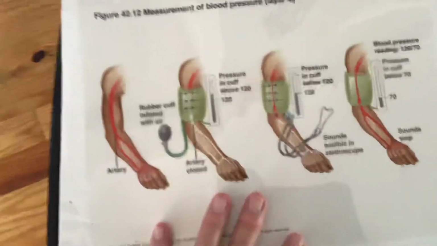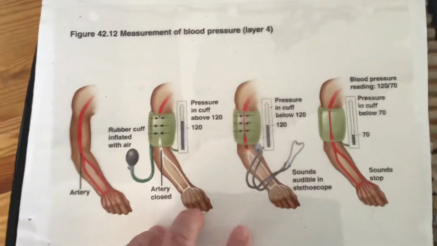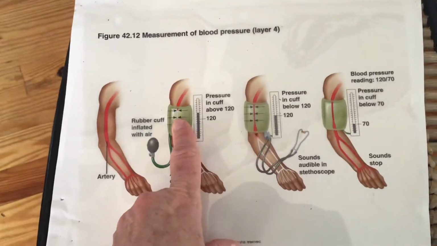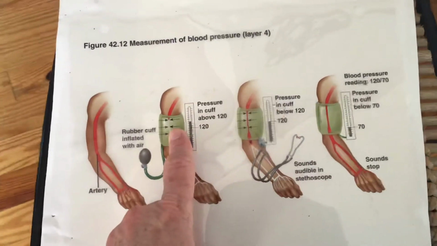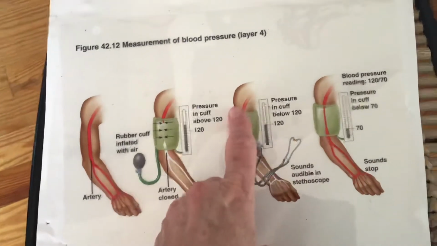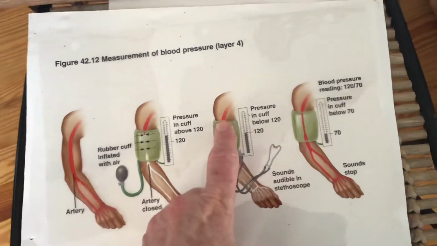And what they're doing is, the blood would be flowing into here and then, of course, back. What happens is they squeeze off the blood vessel so that there's no sound of the blood coming through at all. And then the cuff will kind of relax and let some of that pressure off.